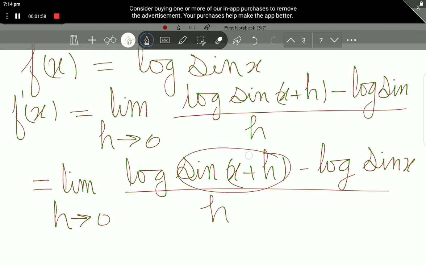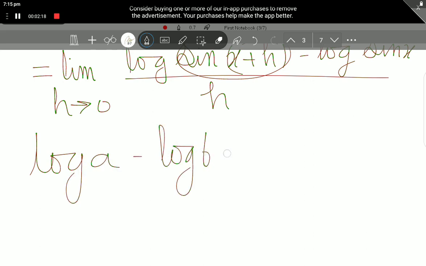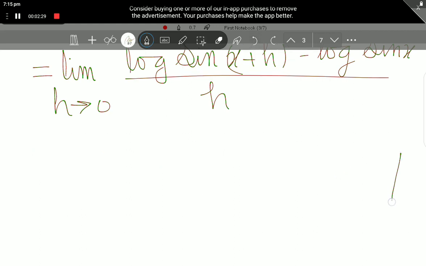Let's read this as a and let's read this as b. We know that log of a minus log of b equal to log of a by b. Let's apply that relation here.